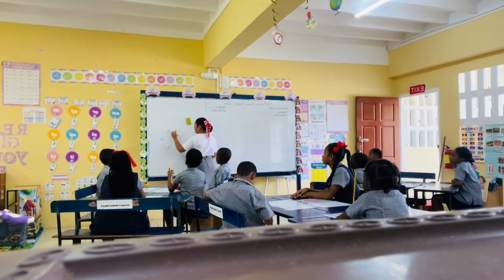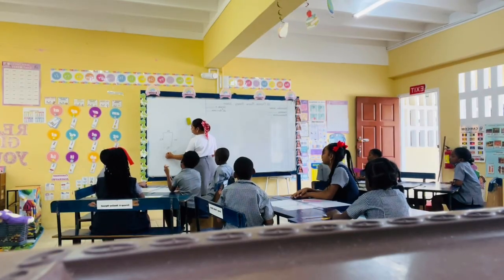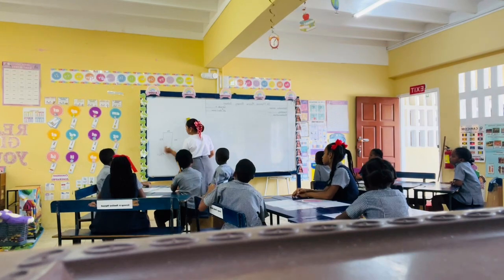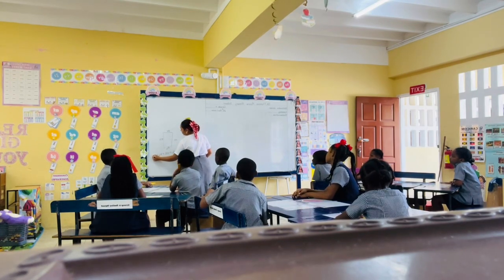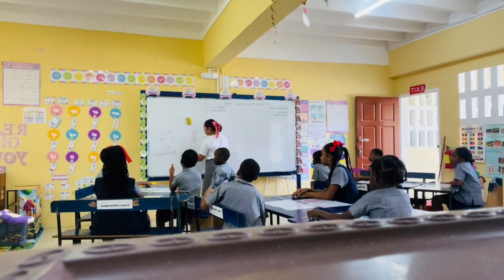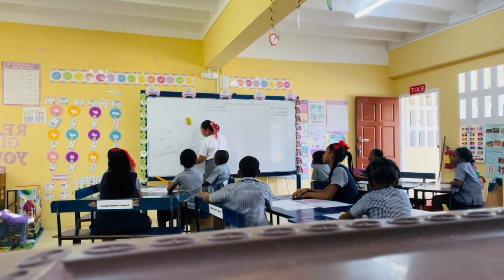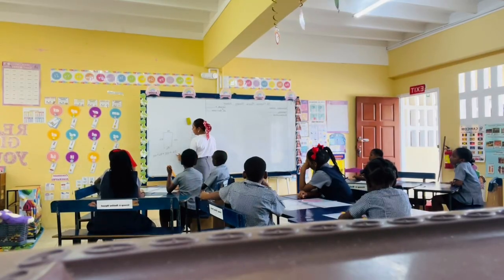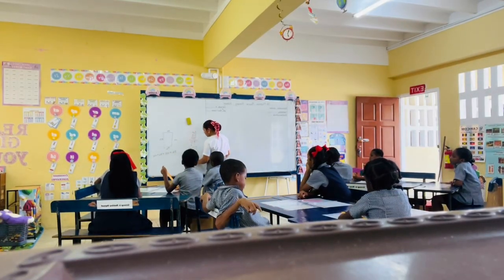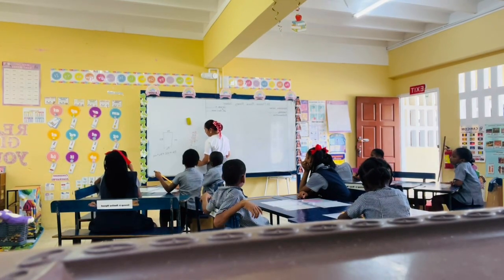So we're going to start from here. 36 plus 102 plus 36 plus 102. So let's add 102 and 102. That is 204. Then 36 and 36 gives us 72.